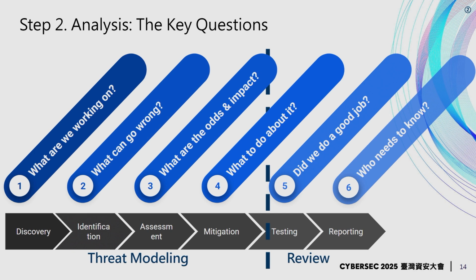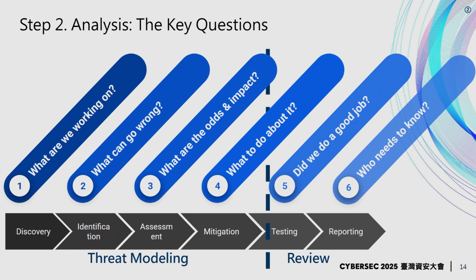So there are two main phases. First, during the design phase, we will go through the risk discovery and ask the team the question, what are we working on, in order to clarify any assumptions, the scope, and the objective. Then we will move into the identification and ask the question, what can go wrong, in order to get a list of risks and a list of threats.